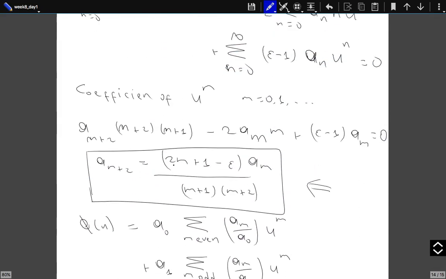And if they terminate, that basically means that epsilon should be equal to twice some integer plus 1. So if that is satisfied for some integer, all the a's after that integer will be just 0. They will not go as 1 over m. They will just be 0.